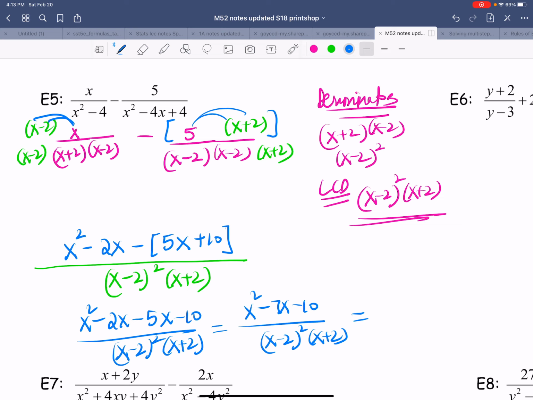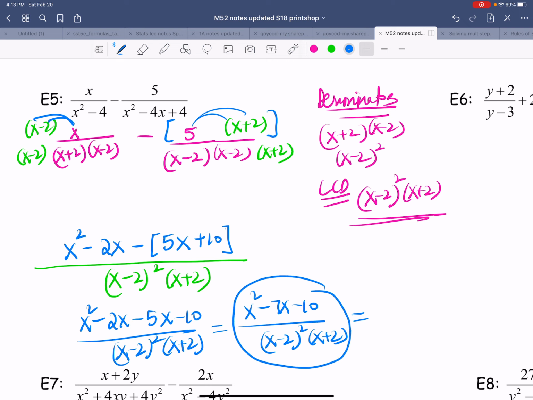Two numbers multiplying to negative 10, adding up to negative 7. Well, doesn't seem like, because negative 5 and negative 2 will not multiply to negative 10. So we cannot factor it anymore, and we would leave it at this point.